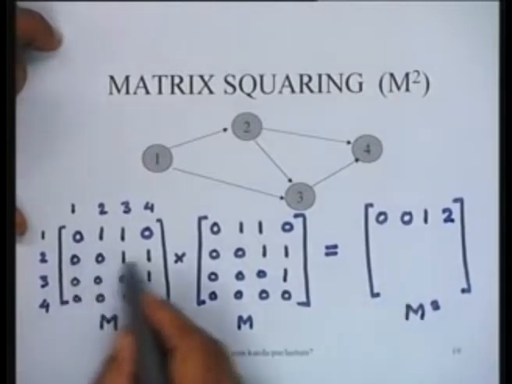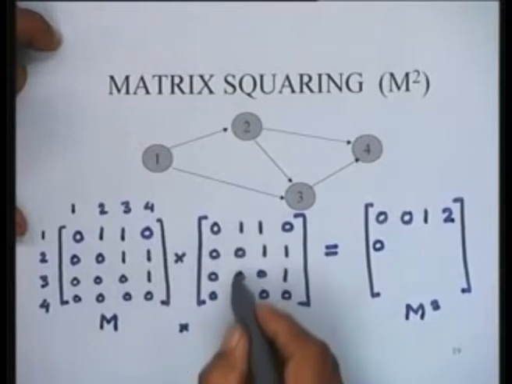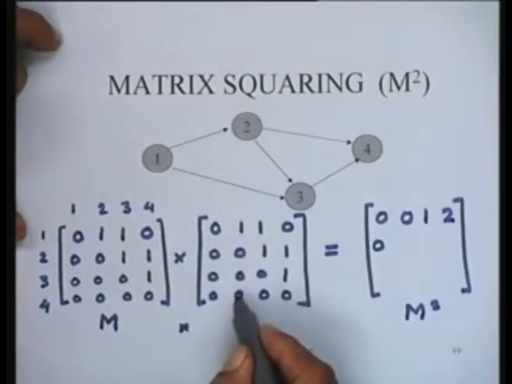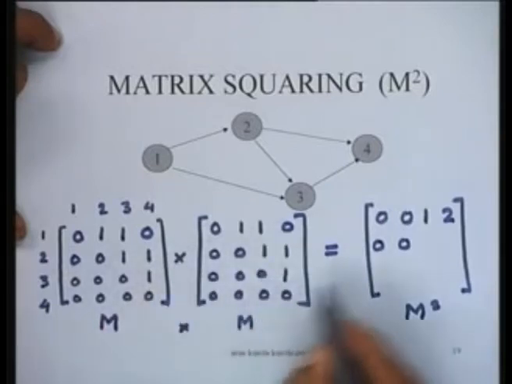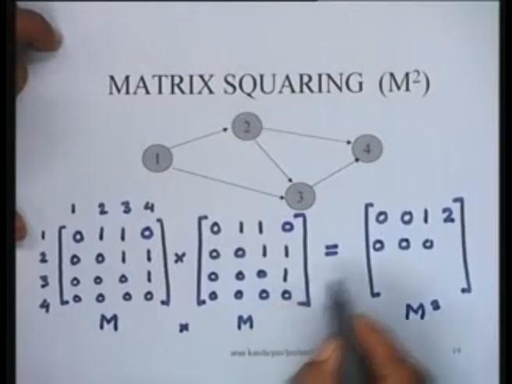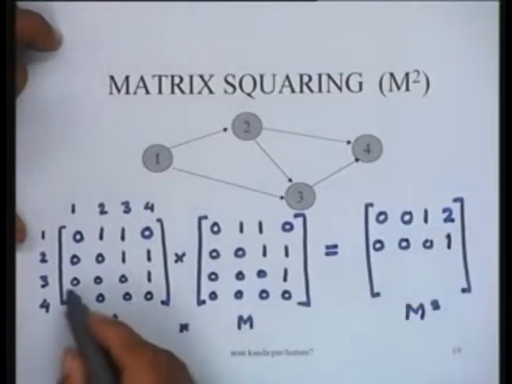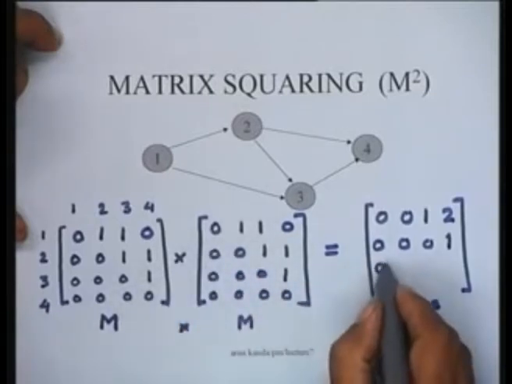Now let's look at the second row with the first column. It's 0. The second row with the second column is 0. The second row with the third column is 0. The second row with the fourth column will be 1. Let's look at the third row. The third row with every column will generate zeros.